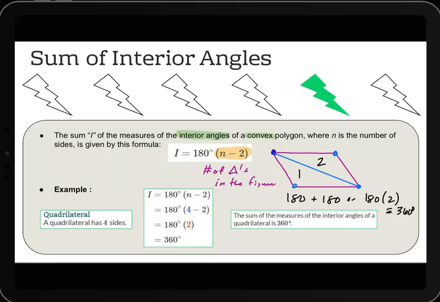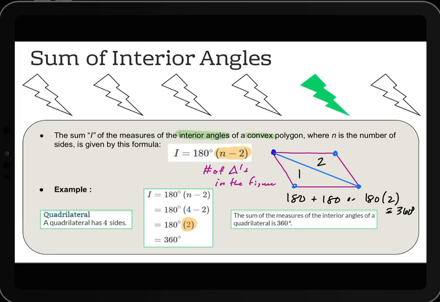So the sum of all the interior angles of a convex polygon is a multiple of 180 degrees. That same number right there is represented right here. That's how many triangles you see in my diagram. And so the sum of all the angles in a quadrilateral with just 4 sides is going to be 360.